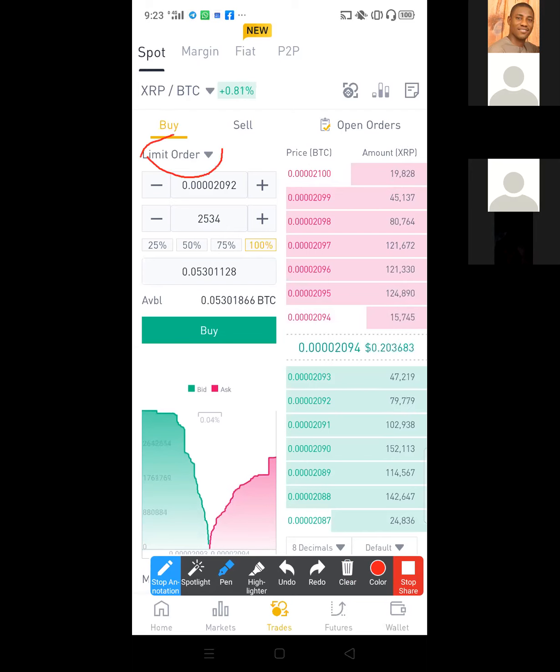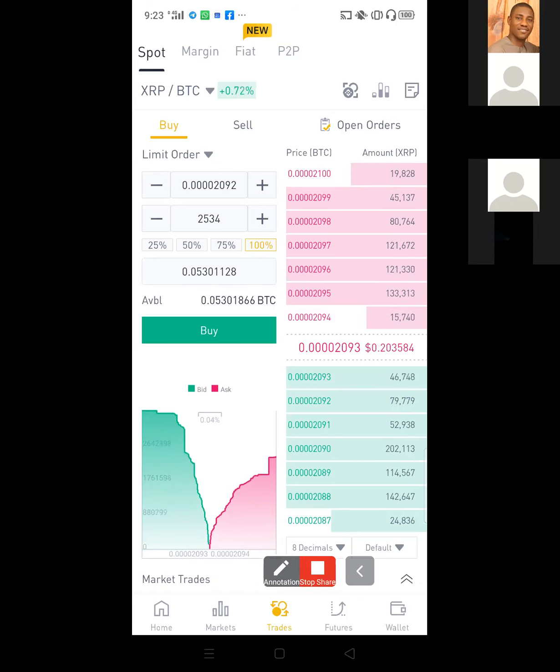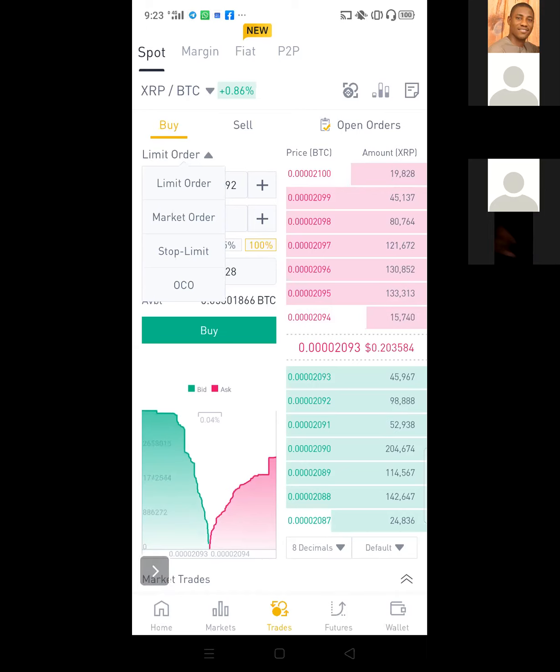You're going to tap on that little arrow by limit order. If you do, you're going to see all the various options we saw earlier using our computer: limit order, market order, stop limit, and what do you have next? OCO.